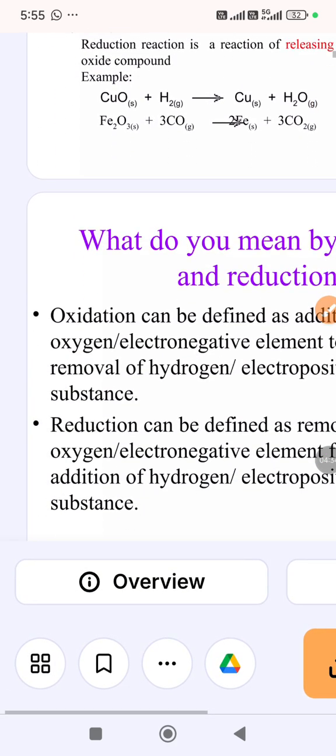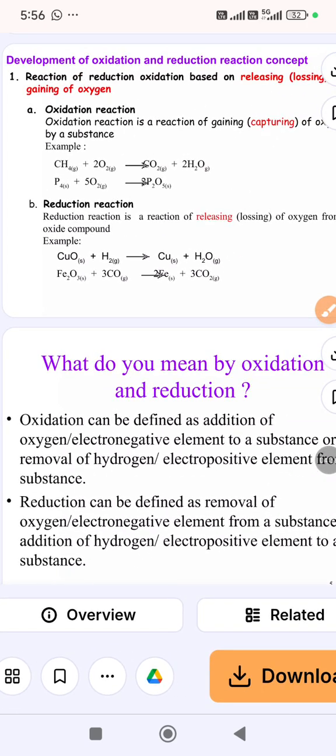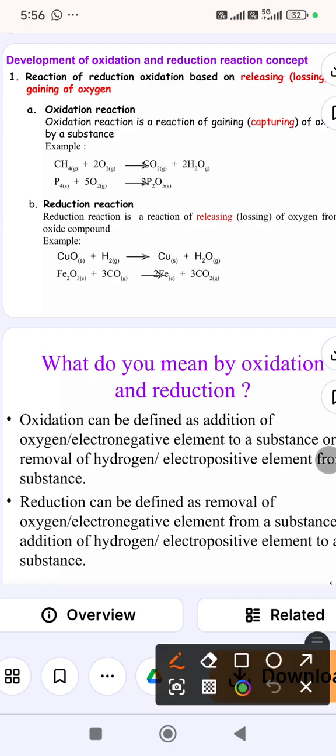So what do we understand with these three examples that we have done? Now let us define oxidation. Oxidation can be defined as addition of oxygen or an electronegative element to a substance.